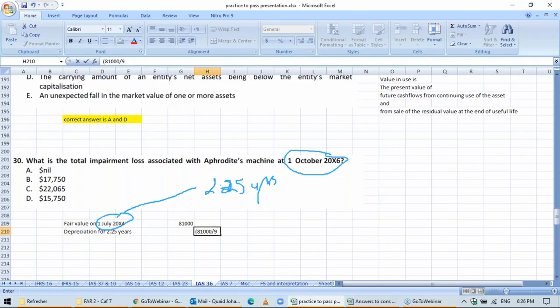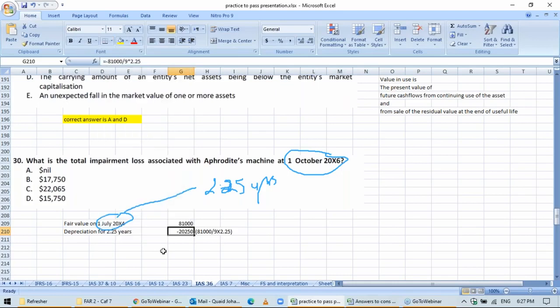Revaluation took place after 1 year's time. So remaining life was 9 years. And now we need to have a depreciation for 2.25 years. So multiplied by 2.25, this gives you a depreciation of $20,250. After deducting this, we arrive at the carrying value.